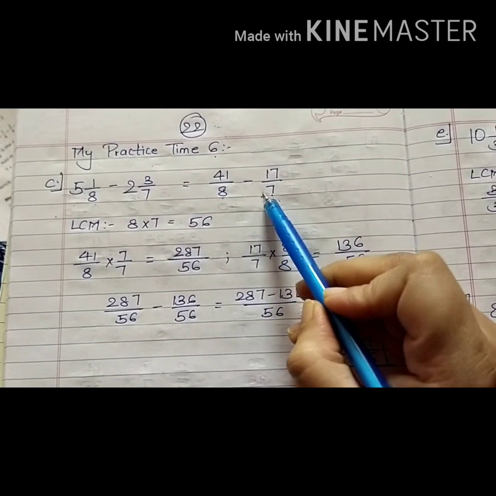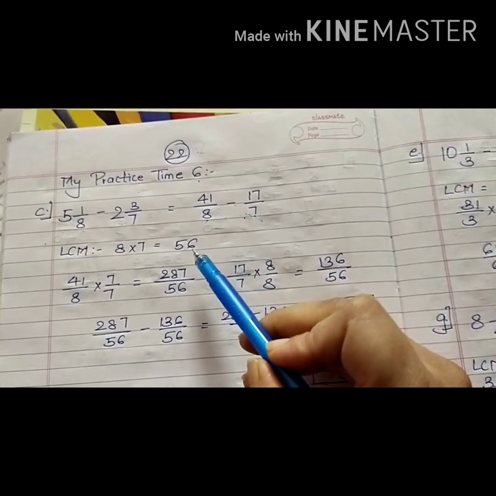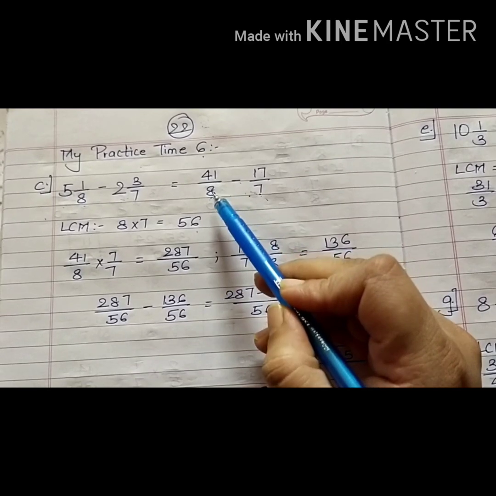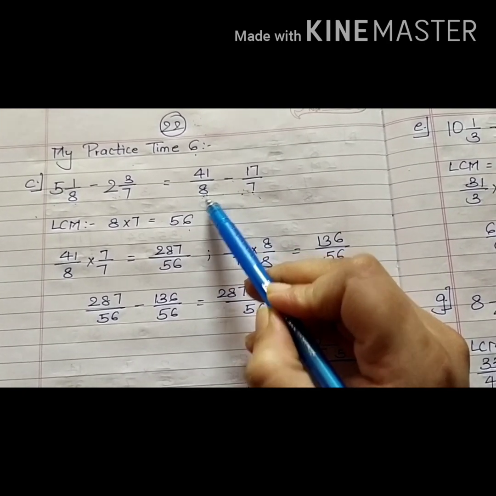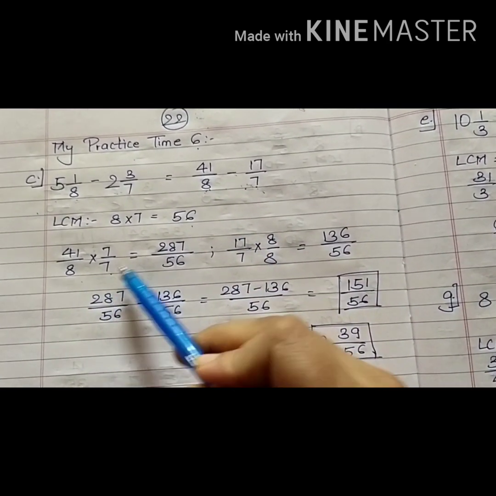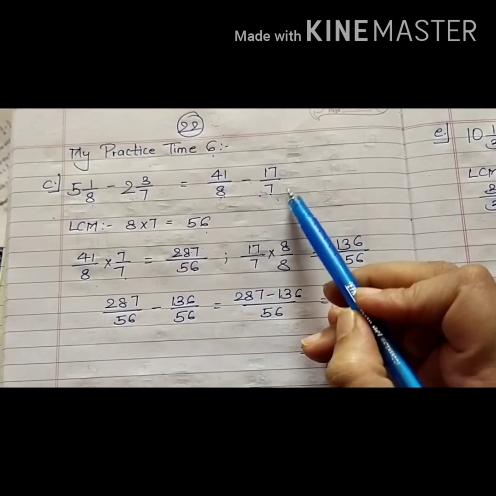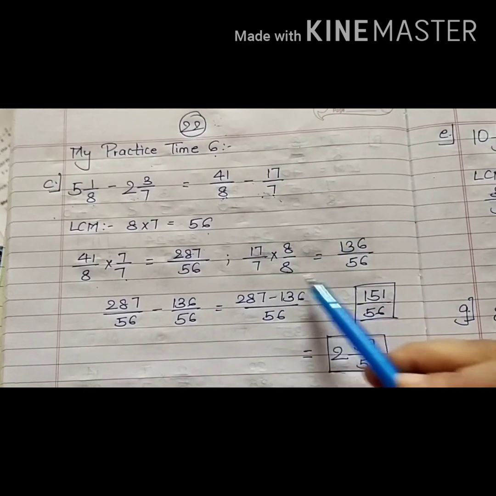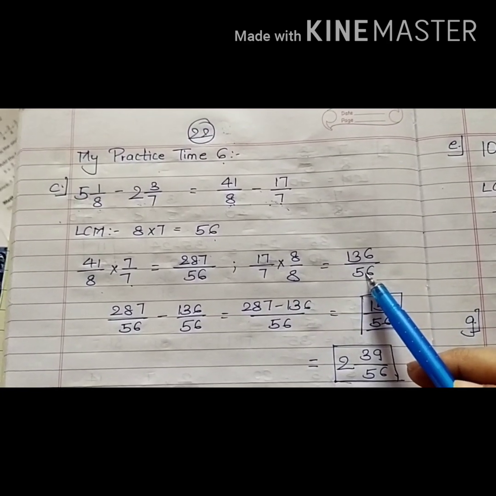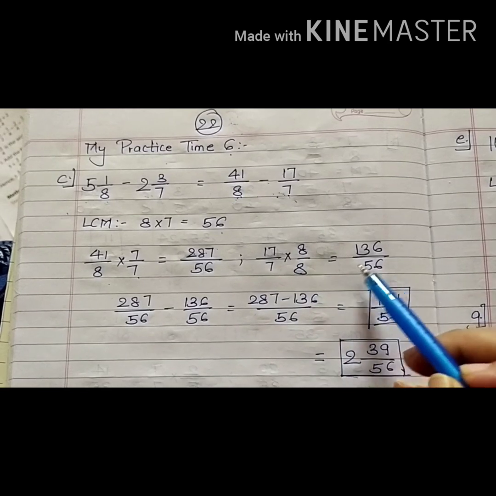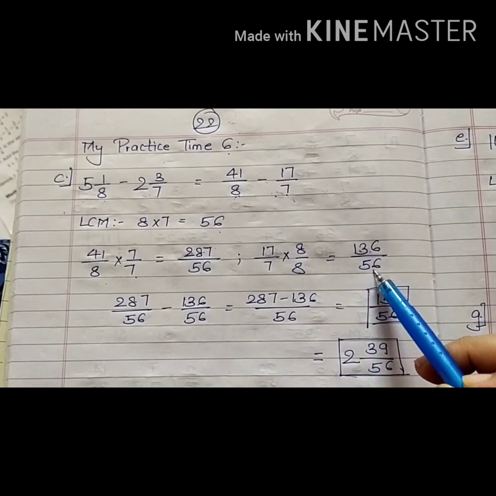The LCM for 8 and 7 gives me 56. Now I have to convert the first fraction's denominator to 56 by multiplying the fraction by 7. I get 287 upon 56. The second fraction I need to multiply by 8 to get the denominator 56. So the second fraction, 17 upon 7, multiplied by 8 gives me 136 upon 56.